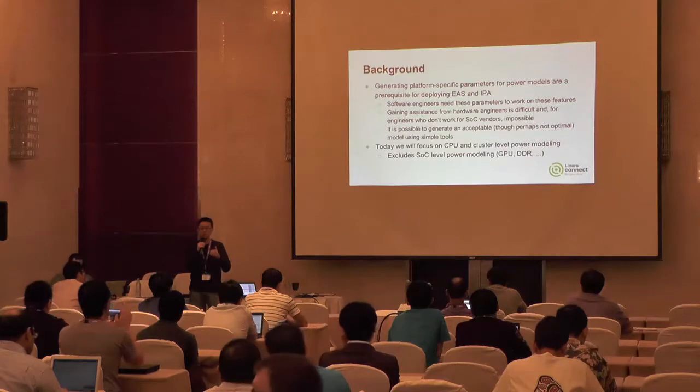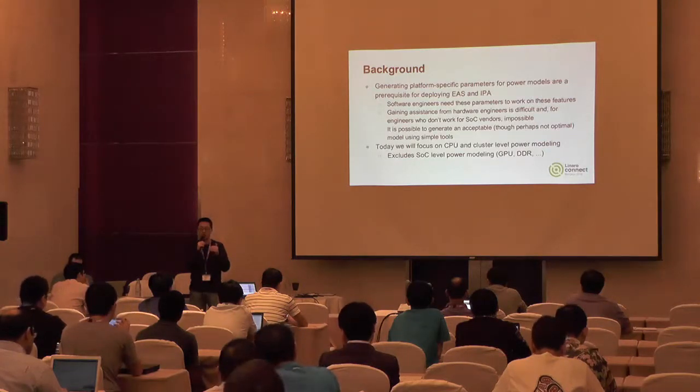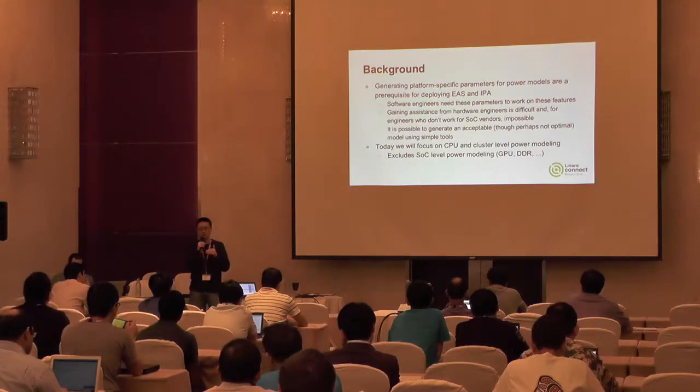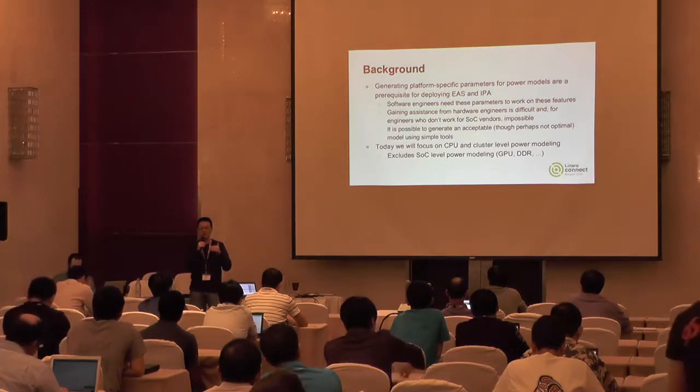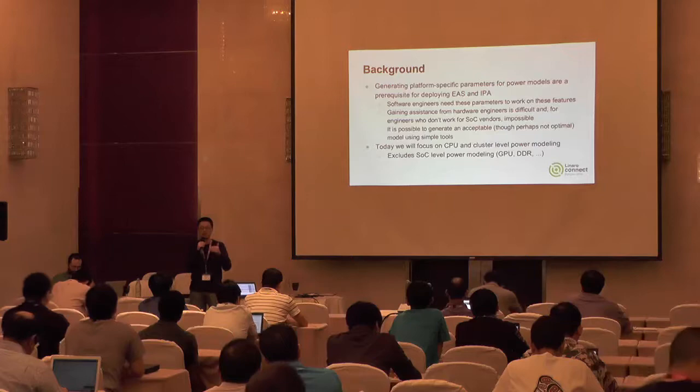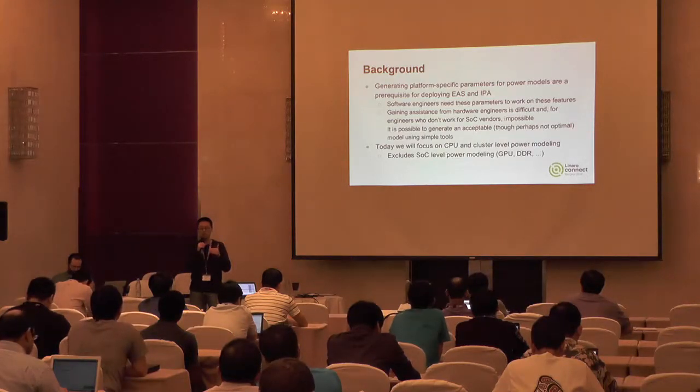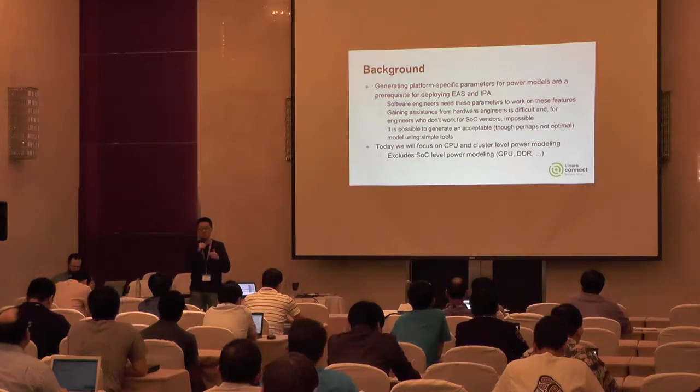And for the software engineer, if you want to do further tuning and refine it, you cannot get much help from the hardware engineer. You must be aware of this as a software engineer.